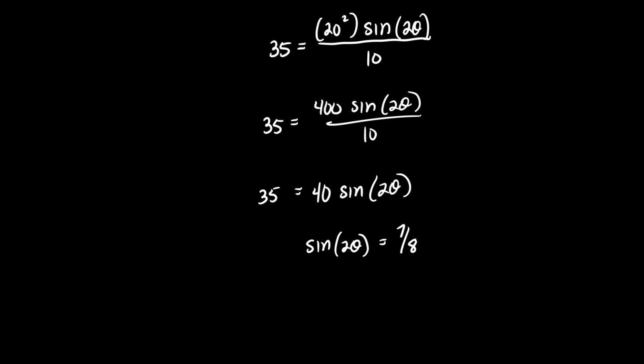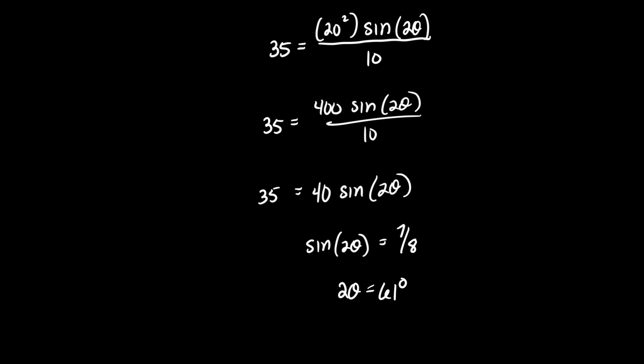So, for example, I'm going to put 7/8 in the calculator, and I get 0.875. So I'm going to hit inverse sine, and I find that 2 theta equals 61 degrees. Is that what you guys get? Are we all good? We're all in the same place?